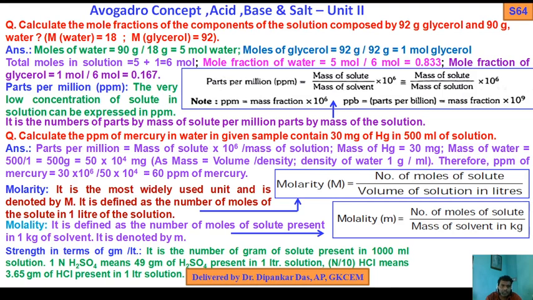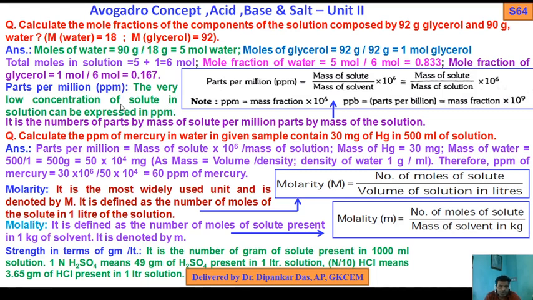Okay, so that is the mole fraction. In this way you can find out the mole fractions. Now to come to parts per million, ppm, and ppb, parts per billion. Here 10 to the power 6, they have low concentration of solute.